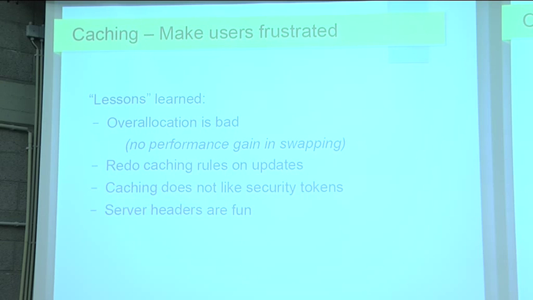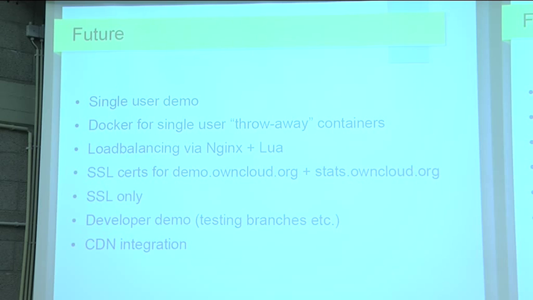And then, for the future, we want to integrate a single user demo so that difficult or bad files are not shown to other users. They have a real instance to just go around themselves, they have their language to set, they have all the stuff they want to do.